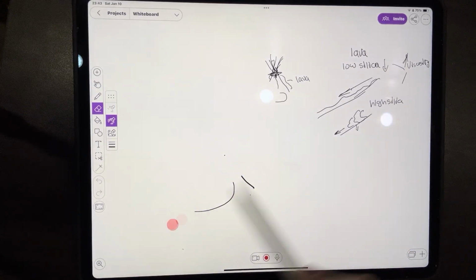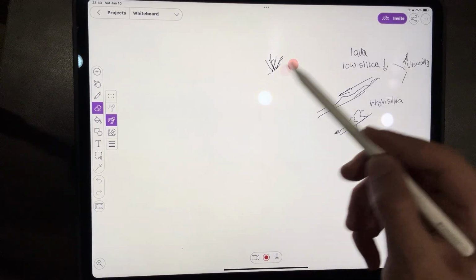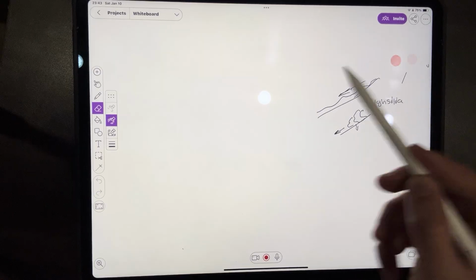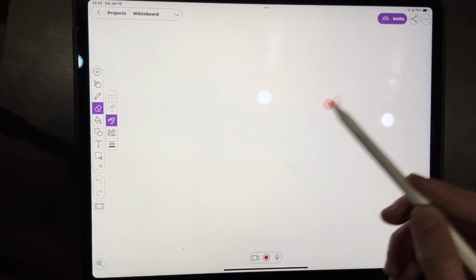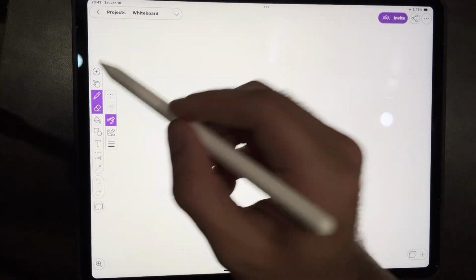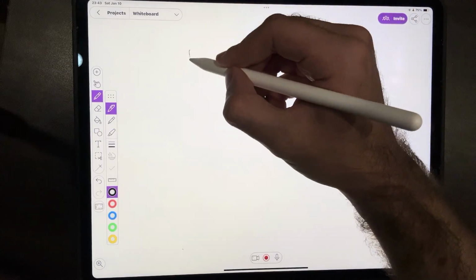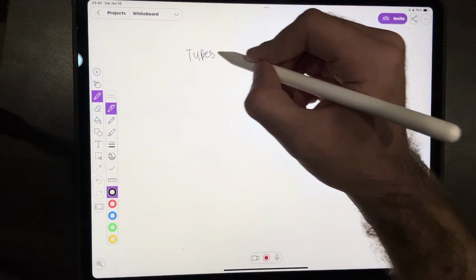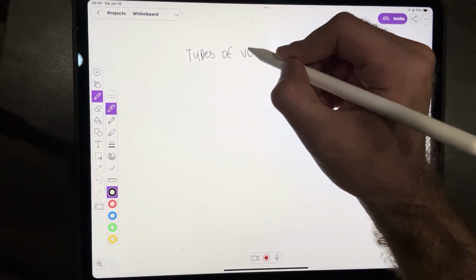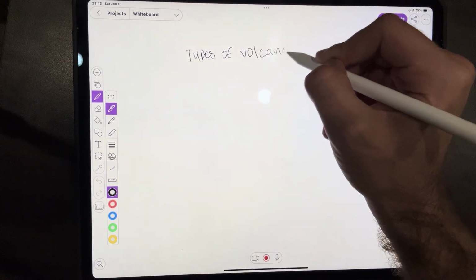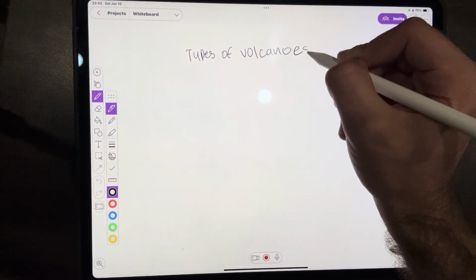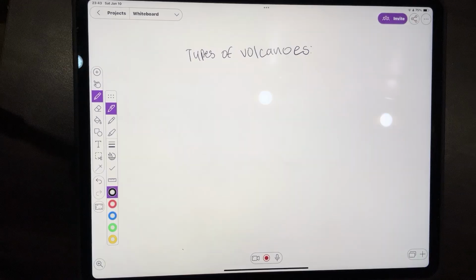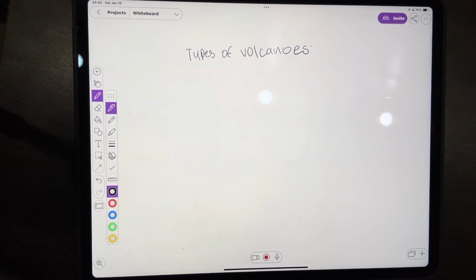So now we're going to be looking at the different types of volcanoes. So let's look at small types of volcanoes first.